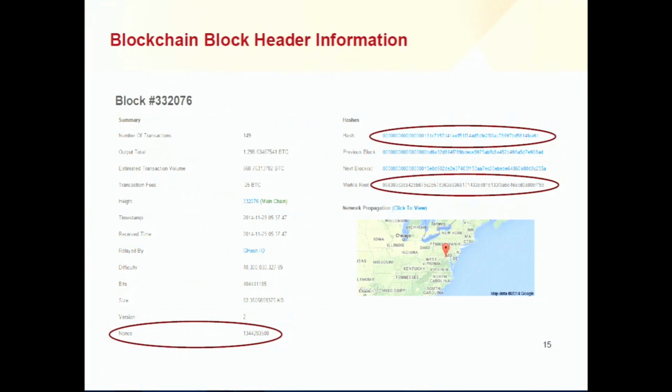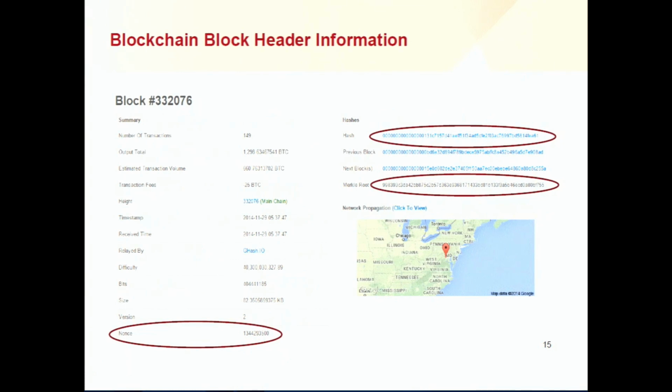Every 2016 blocks, they recompute the difficulty that should be associated that you have to find. You have to find a hash that is smaller than that. That means it has to have a whole bunch of leading zeros in the hash. You can see it here. See how many zeros are at the beginning?